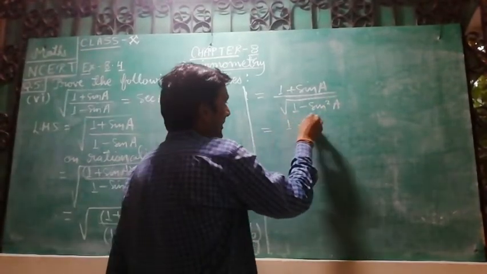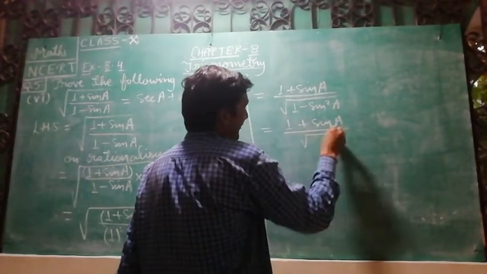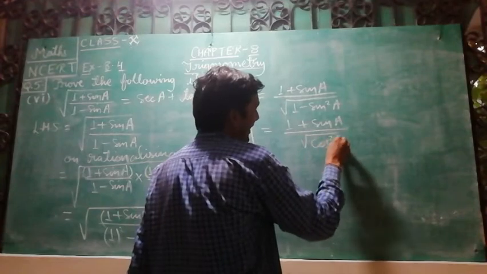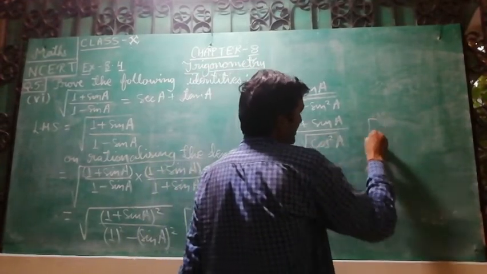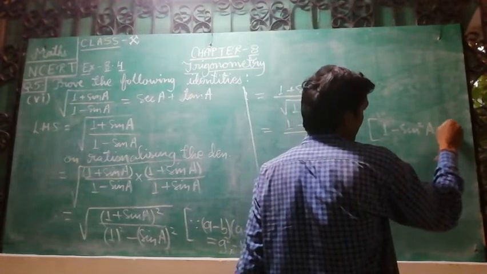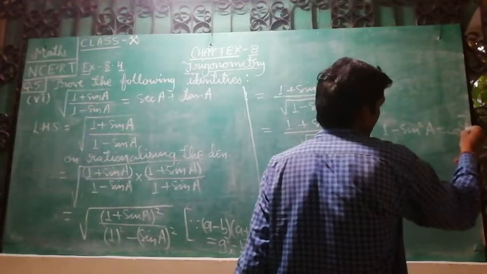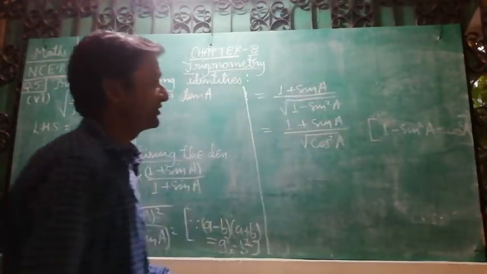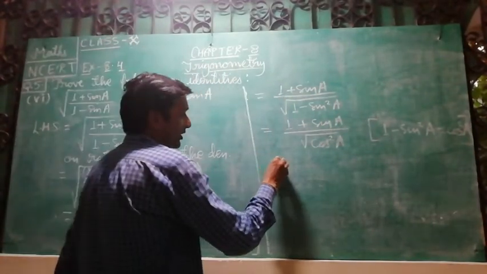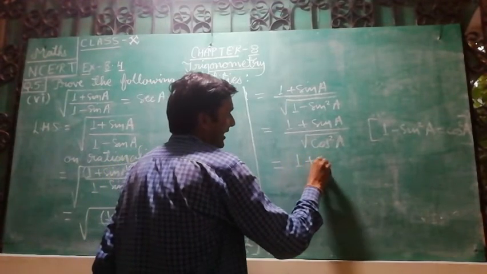So it will be 1 plus sin a upon root cos square a. 1 minus sin square a is equal to cos square a. So now it can be written as 1 plus sin a upon cos a.